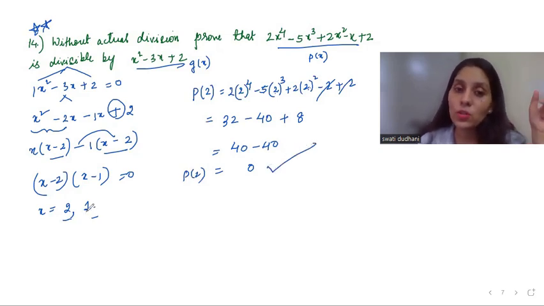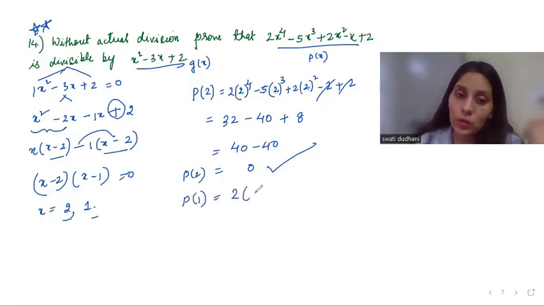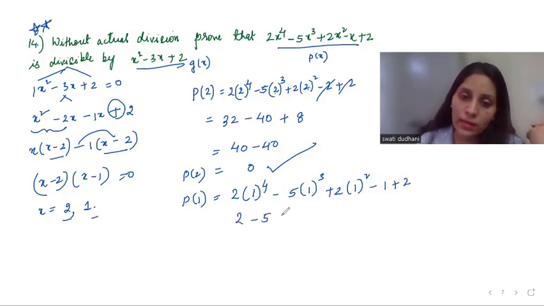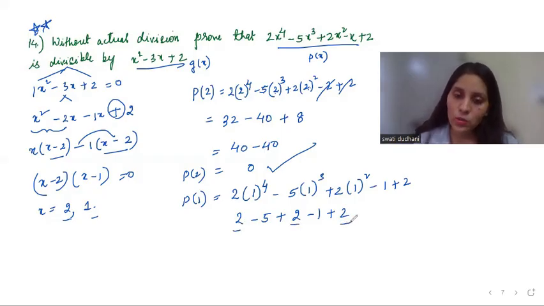Similarly, we also need to find P of 1. Let's take P of 1, substituting x as 1. 2 into 1 power 4 minus 5 into 1 cube plus 2 into 1 square minus 1 plus 2. So 2 minus 5 plus 2 minus 1 plus 2. Let's add all the positive terms: 2 plus 2 is 4, 4 plus 2 is 6.